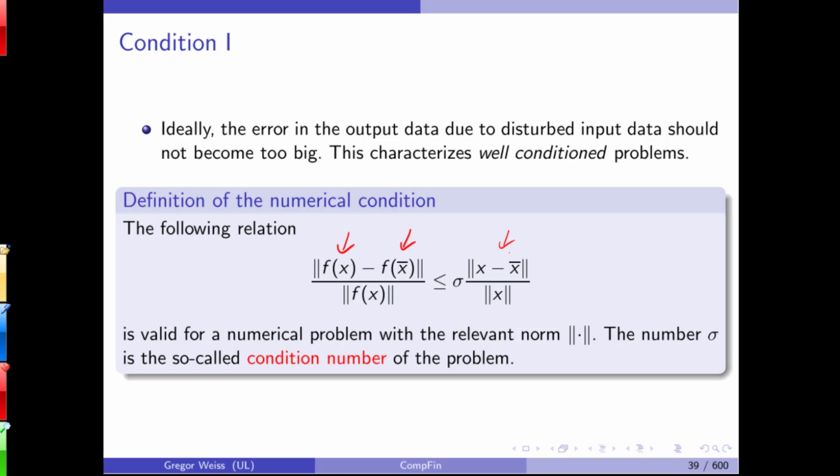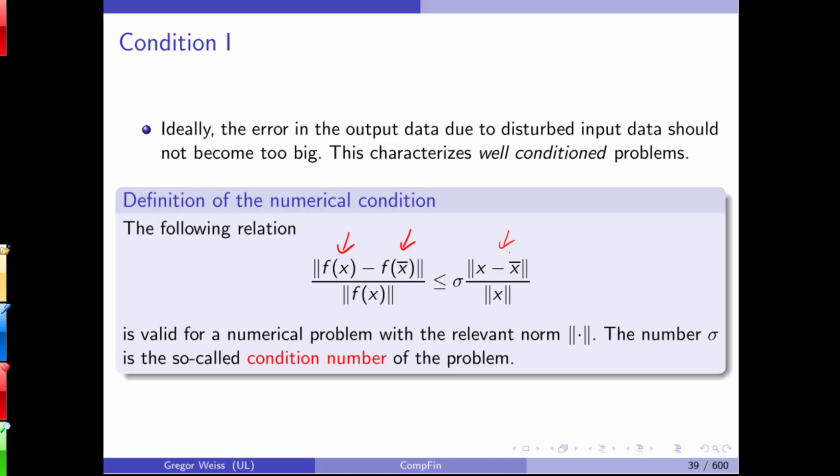On the right-hand side, we have the initial relative input data error. On the left-hand side, we have the relative error between what should come out with correct data and what should come out with faulty data. So this is the first part of the error. What happens if we insert wrong input data, leaving out what the algorithm adds on top?